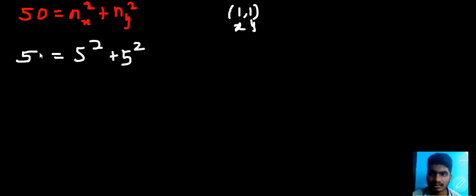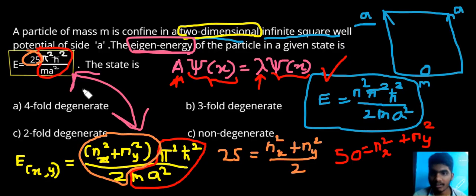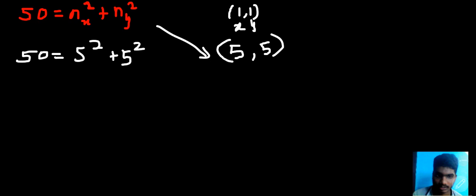So x can be 5 and the y-axis can be 5. This is the first quadrant solution. What we have to find is how many quadrants can take place in the state. This is going to be the first one.